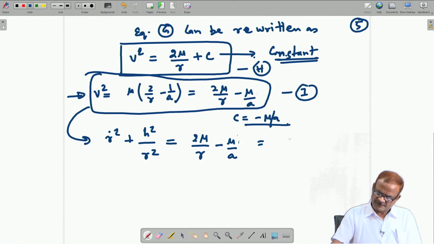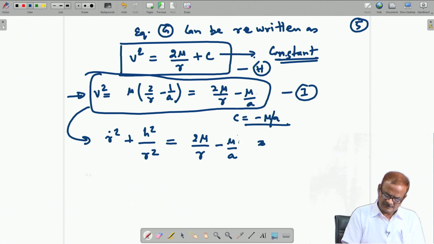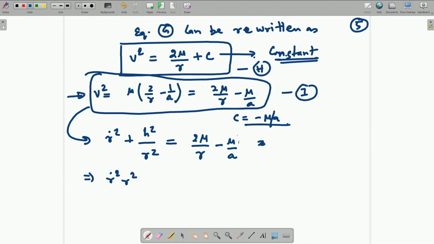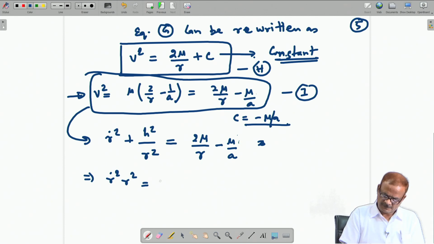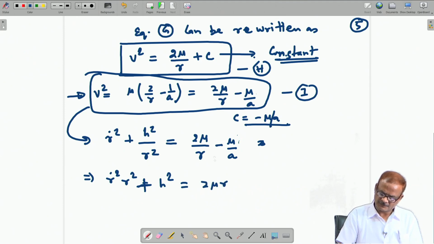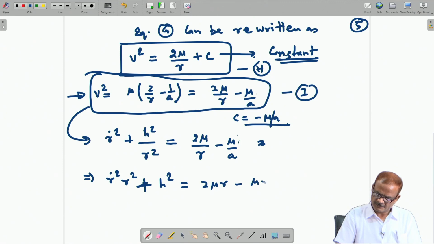So, this implies r dot square r square plus h square equal to 2 mu r, taking r square on this side, minus mu r square divided by a.